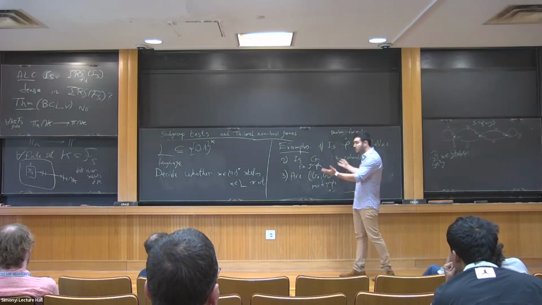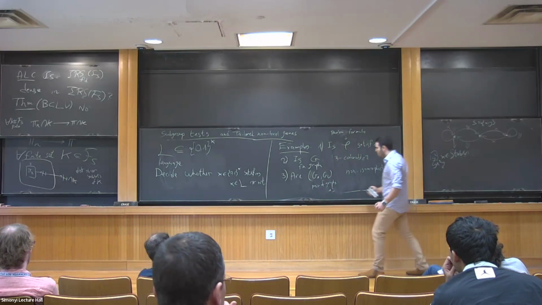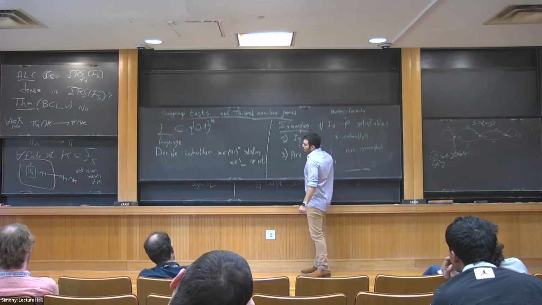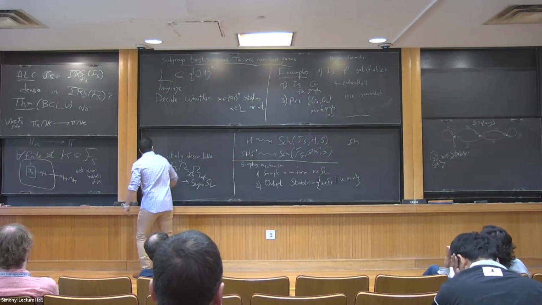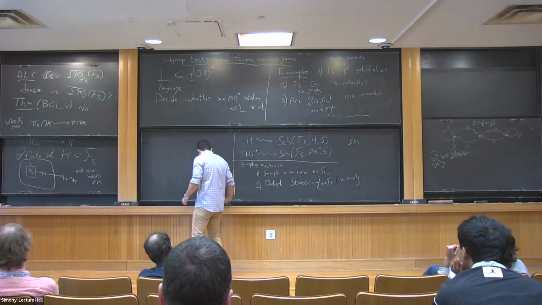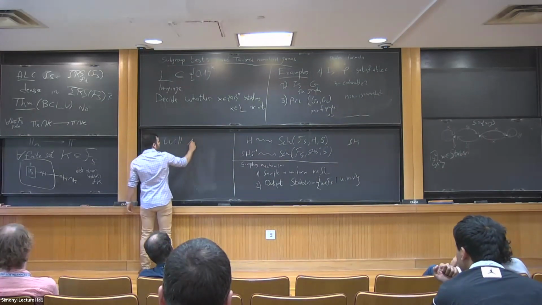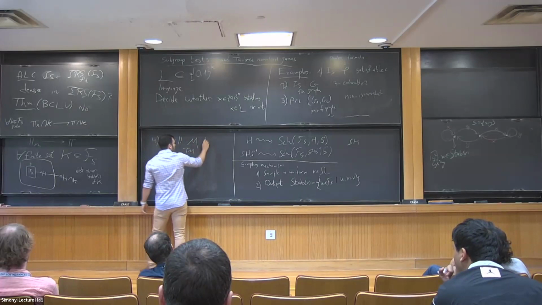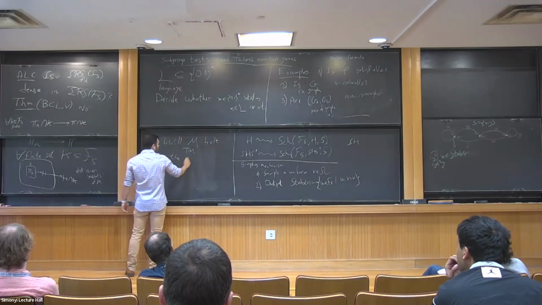But still, it's just a decision problem that you can ask yourself. And one last example, which is maybe the most famous one. Will M, which is a Turing machine, halt on the empty input?